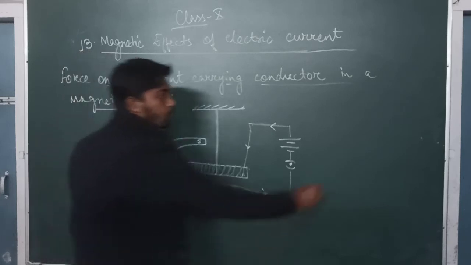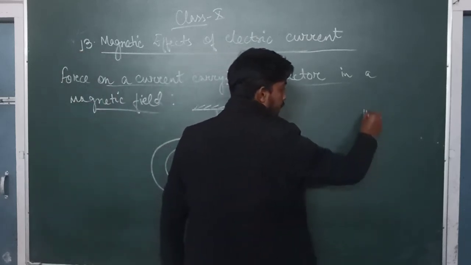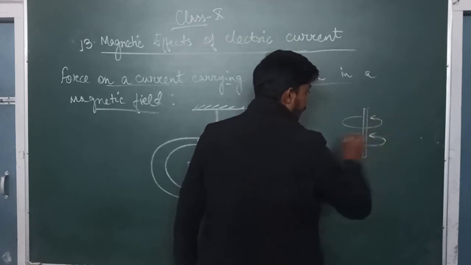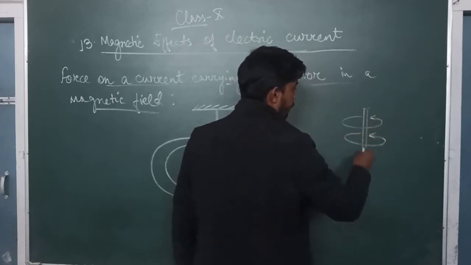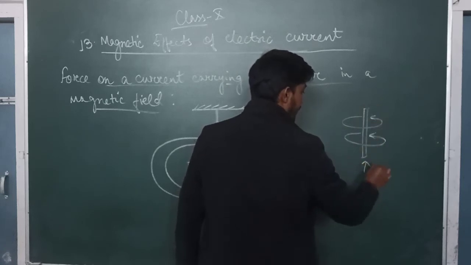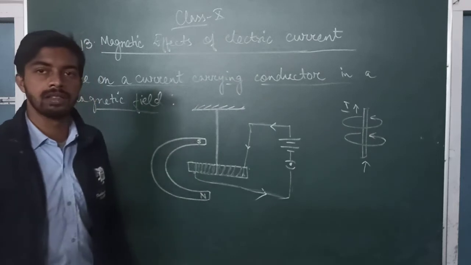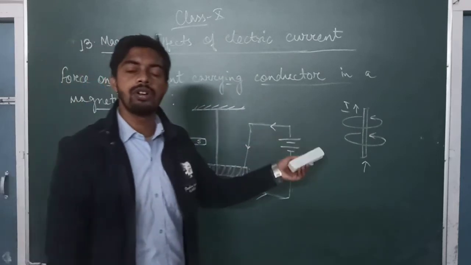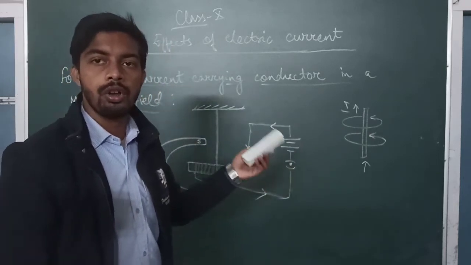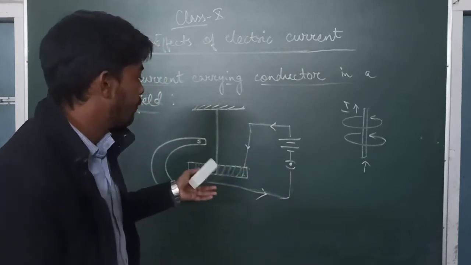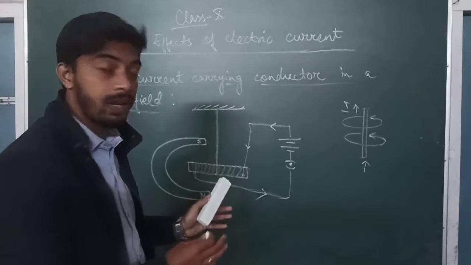We have studied that when current passes through any conductor, it induces a magnetic field. That means the conductor will have its own north and south pole, induced by the electric current.